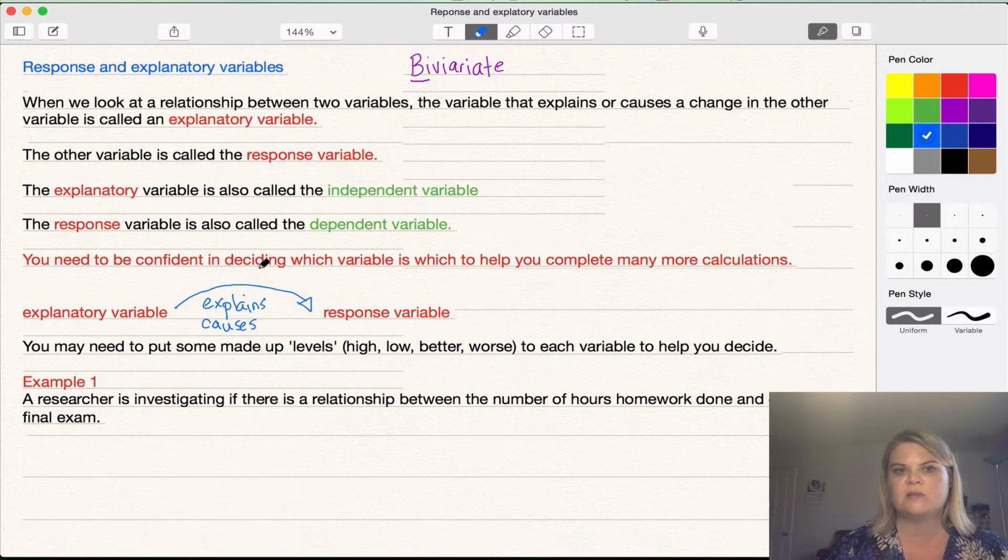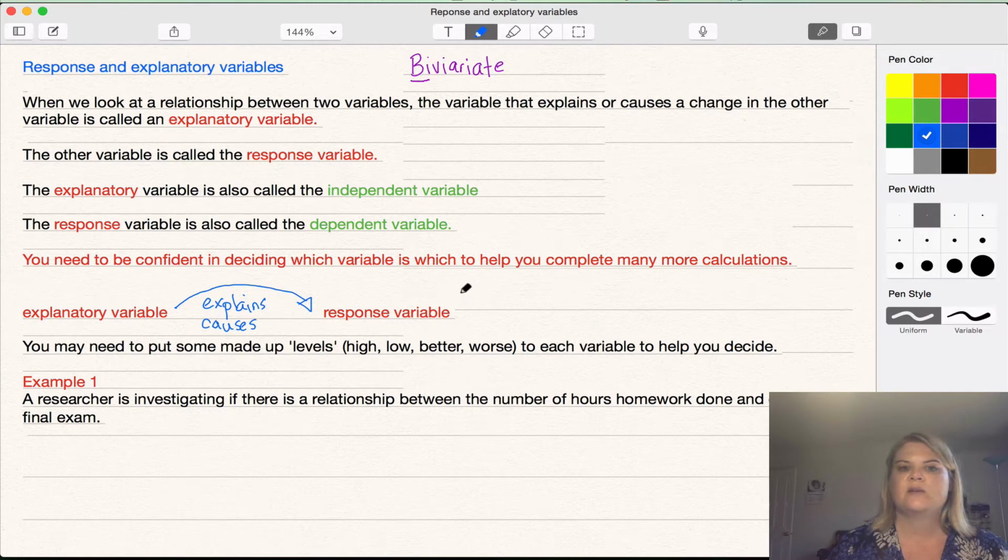The response variable doesn't explain the explanatory. The arrow doesn't go back this way. It only goes this way. Explanatory explains response. And if you're unsure which one goes first, you can remember E for explanatory comes first in the alphabet. R for response comes second in the alphabet. So this one's on the right hand side.